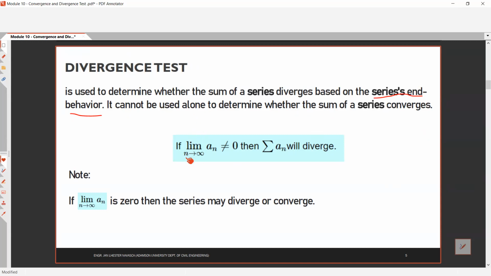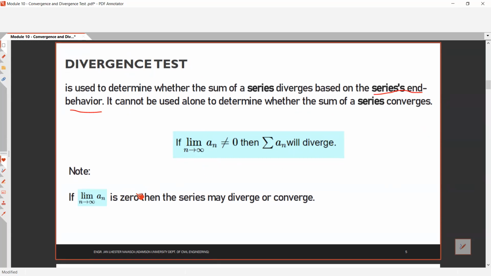So let's say if the limit of your a sub n when n is approaching infinity is not equal to 0, then the summation of your a sub n will diverge. Take note that if the limit of a sub n as n goes to infinity is 0, then the series may diverge or may converge.